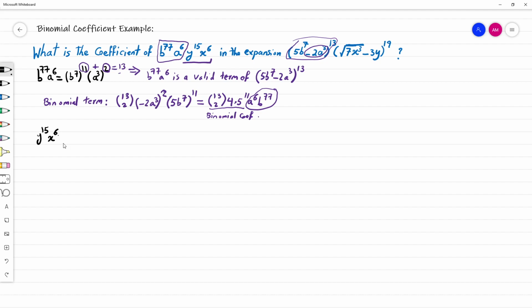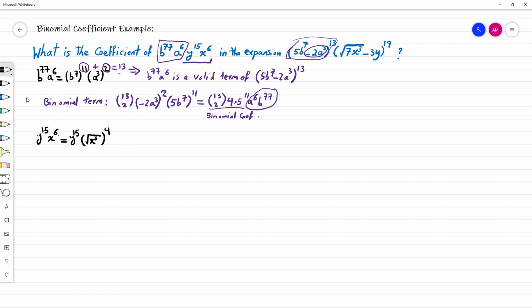We're going to rewrite it as y to the power 15, and we can rewrite x to the power 6 in this form: square root of x cubed to the power 4. That obviously results in x to the power 6.